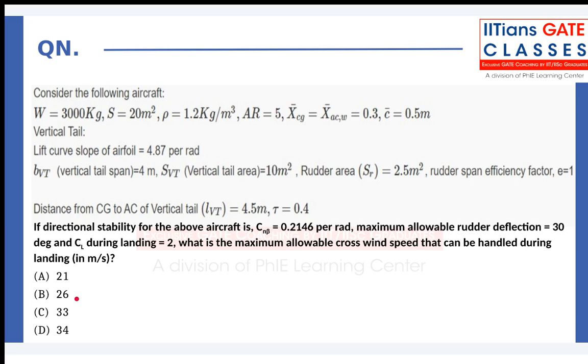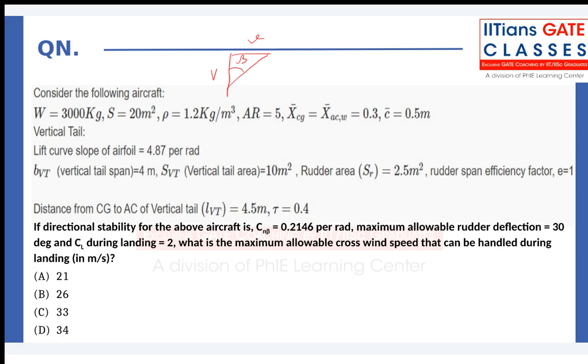What is crosswind? So let me just draw the graph. If this is your fuselage reference line and there is a crosswind happening, so you have this to be beta. This is your capital V and this is your small v.